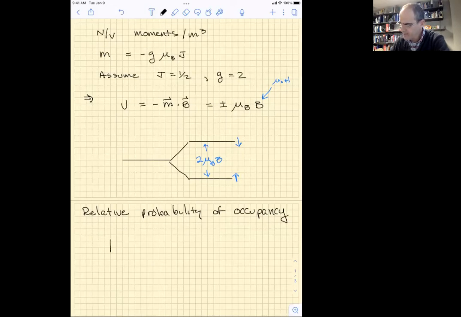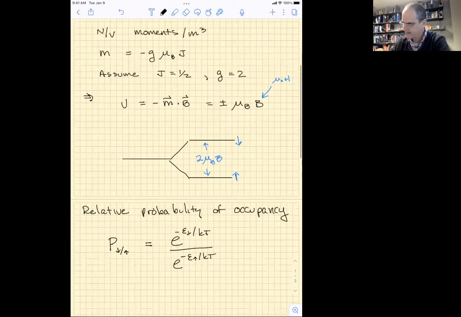So the relative probability of being in the, let's say, spin down state versus the spin up state is given by e to the minus energy of the spin down state over kT, divided by e to the minus energy of the spin up state divided by kT.